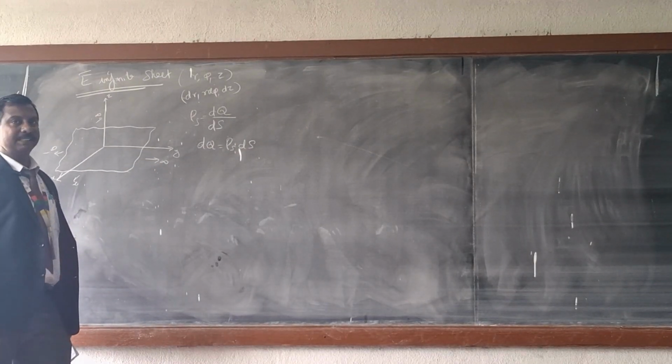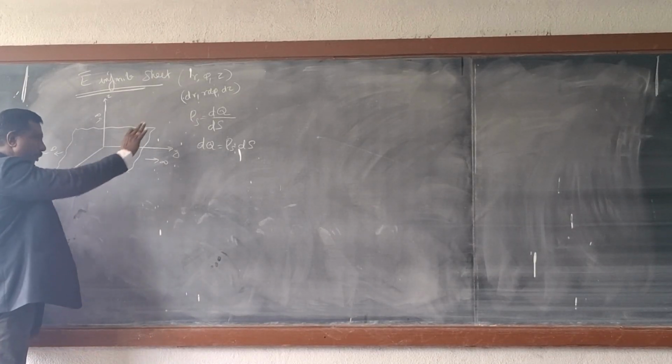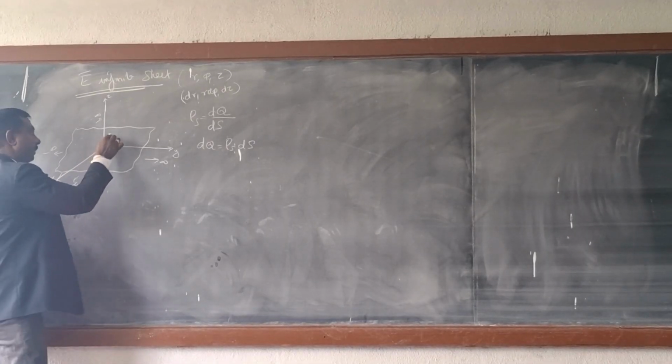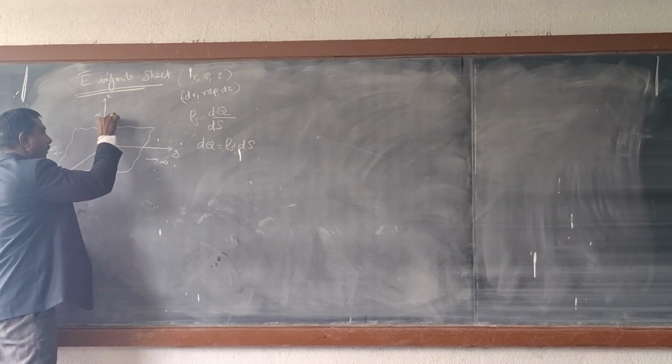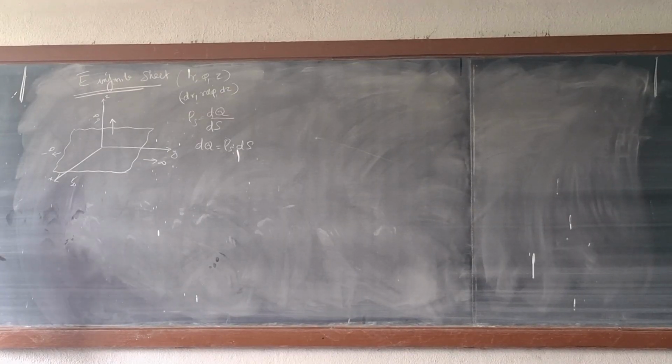Here ds is the surface area, right? Since the sheet is along this xy plane, we want to find the direction of the plane. The direction of the plane is, if you draw a perpendicular to that plane, it is showing z. So the sheet direction is along z, right?